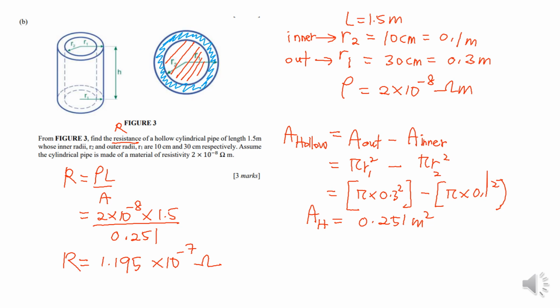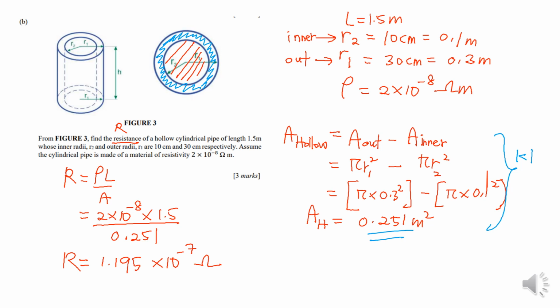Okay, so kita tengok pembahagian markah dia 3 marks only. Okay, bila 3 marks, satu adalah pada konsep, K1. Kalau dapat jawapan A ni, area dia 0.251, so awak akan dapat markah konsep 1.